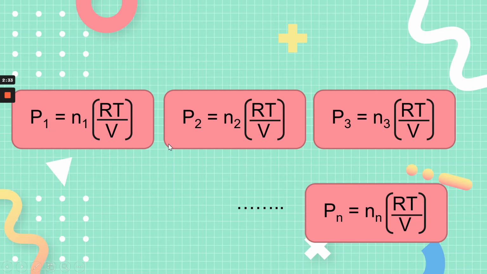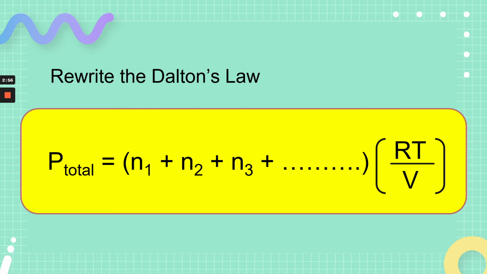But because all the gases in the mixture have the same temperature and volume, we can rewrite Dalton's law to indicate that the total pressure depends only on the total molar amount of gas present and not on the chemical identities of the individual gases.